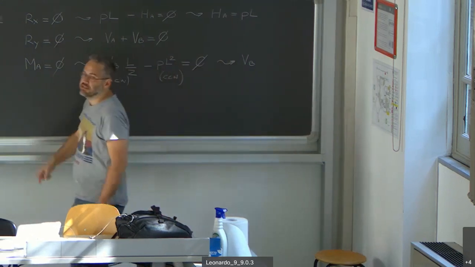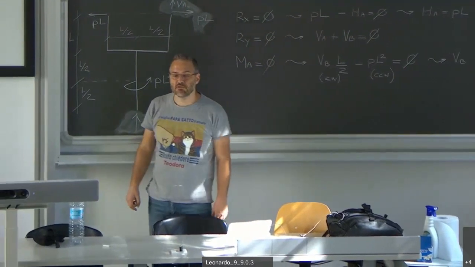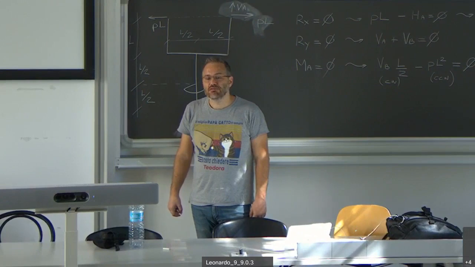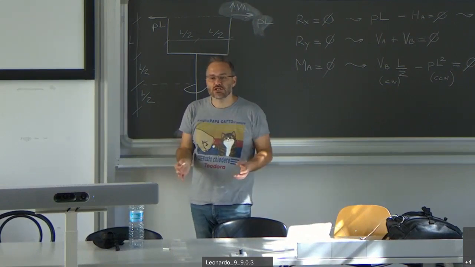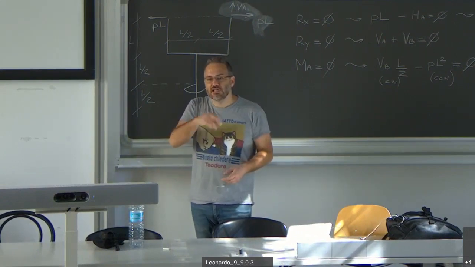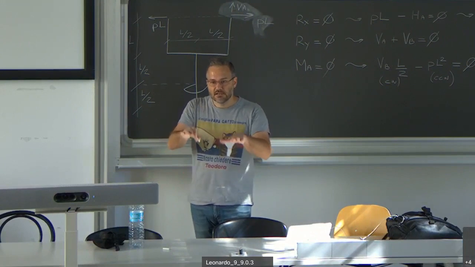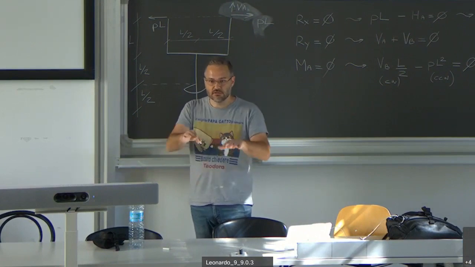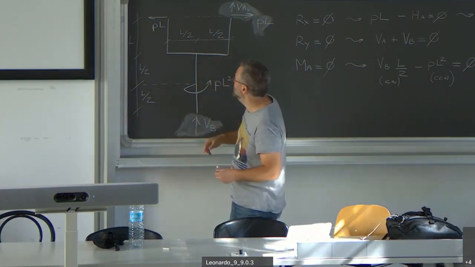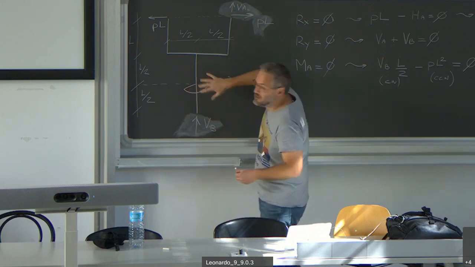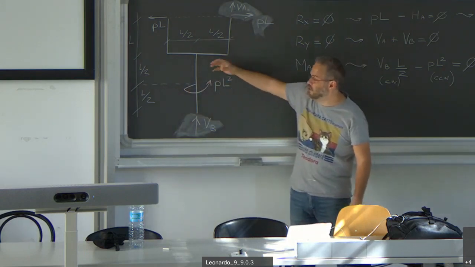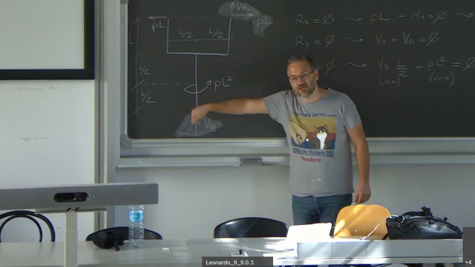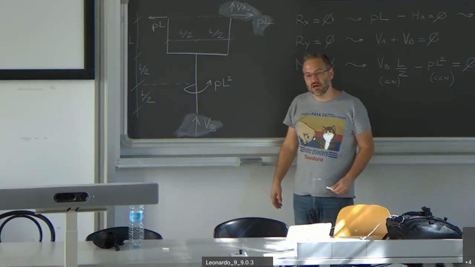It can be representative of, for example, some heavy machinery with a rotating device which exerts an action which goes like this, which would then create a certain concentrated moment, or it can be representative of another part of structure which basically transmits a concentrated moment to this part of the structure.